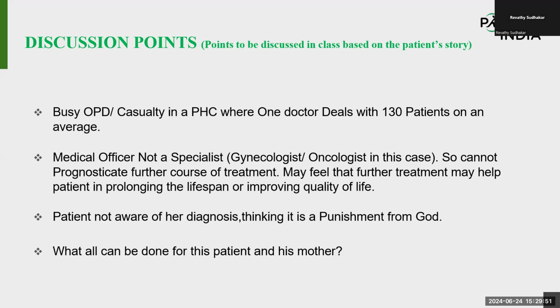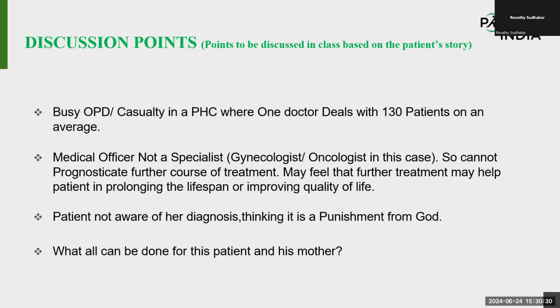So what exactly is she viewing this disease as right now if she is not aware of cancer, and why exactly does she think that way? Because I think there's a lot of regret or guilt factors that the patient is associating this current illness with. So first that can be addressed and asked, what exactly is going on, and then probably if the patient wants to know more about this illness, because that was not reflected in any of the places, the patient's state of mind and the patient's need for information.